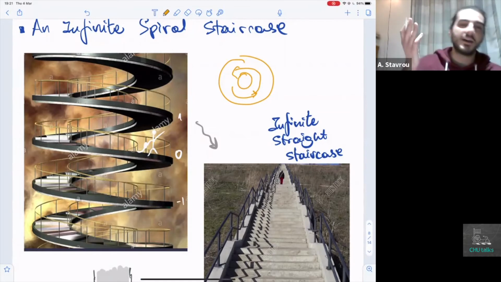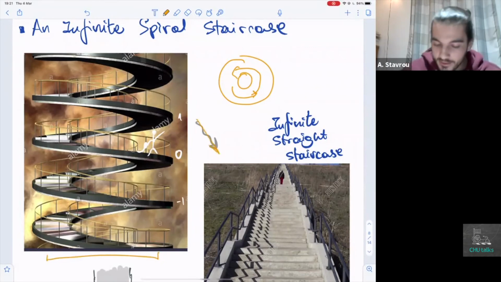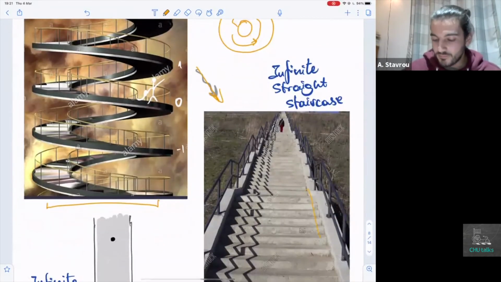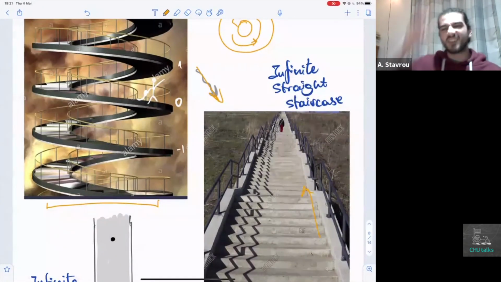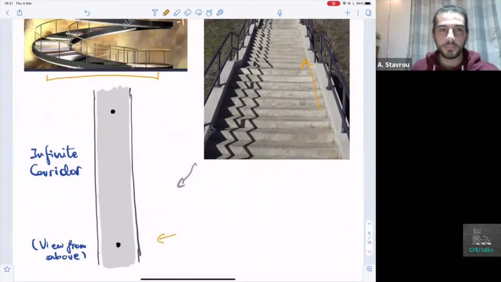But remember, I do not care about distances. So I'm sort of allowed, as a topologist, to unspiral this infinite staircase to get this straight staircase. And in fact, I can flatten it down to get this infinite corridor here.